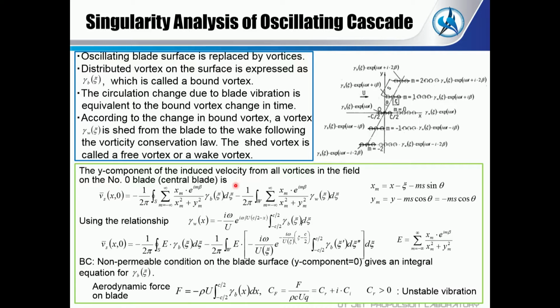And we'll calculate the induced velocity on the blade in the y direction, and it's induced by all vortices in the field. And the representative blade is here, number 0. So this is a component of the y direction induced velocity, Vsx0.